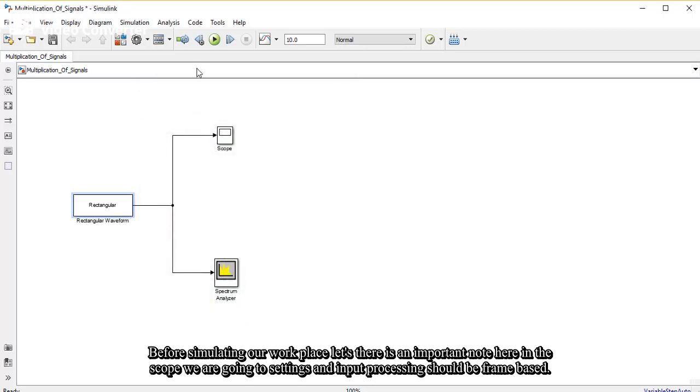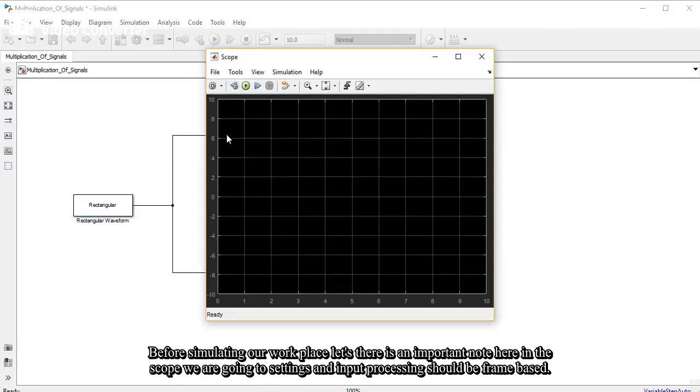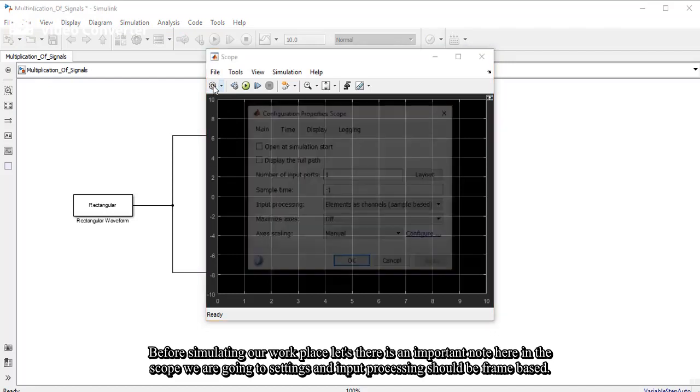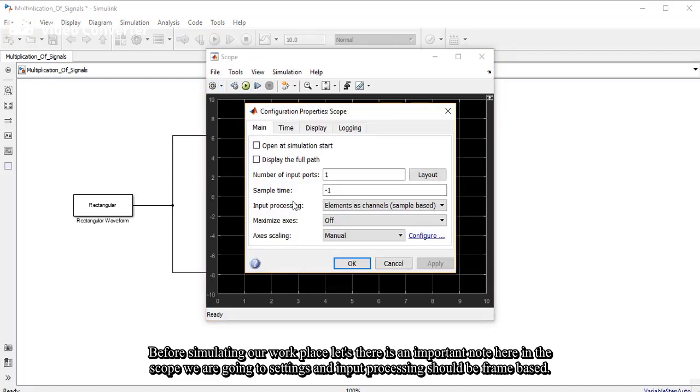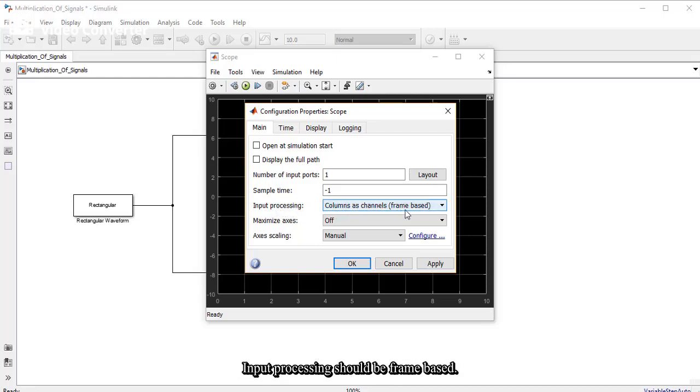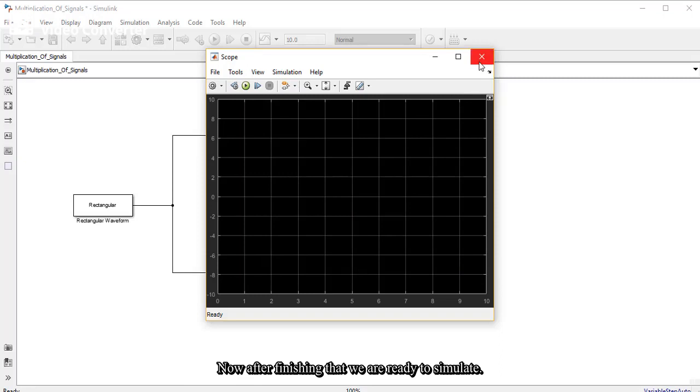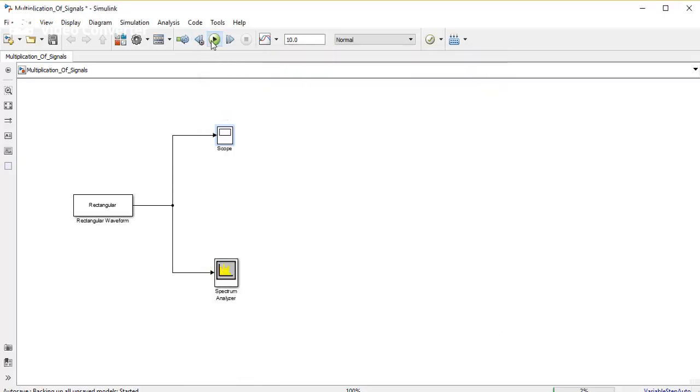Before simulating our workspace, there's an important note here. In the scope, we're gonna go to settings, and input processing should be frame based. Now after finishing that, we are ready to simulate.